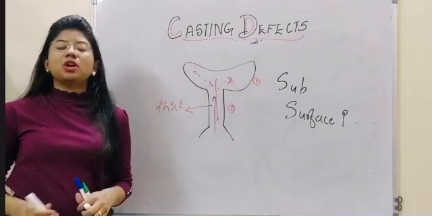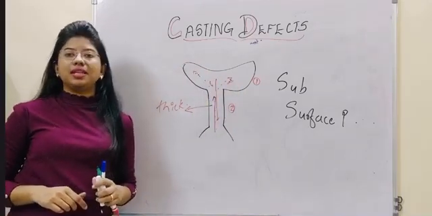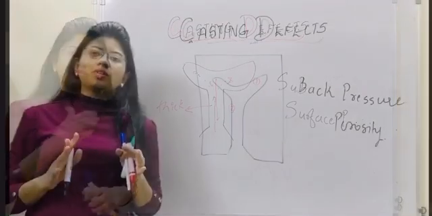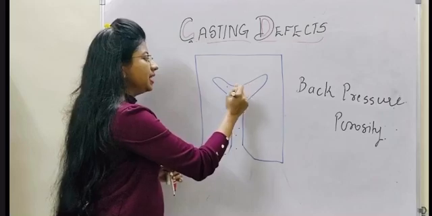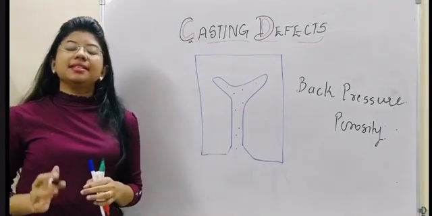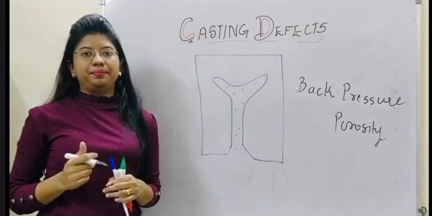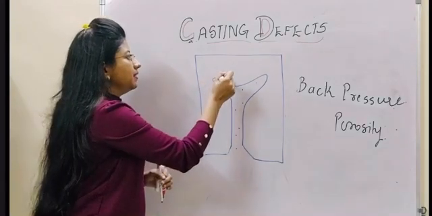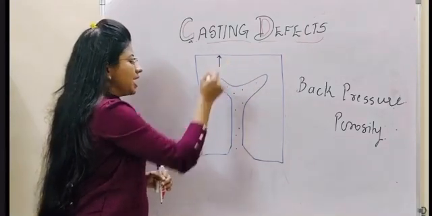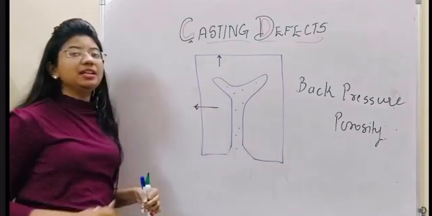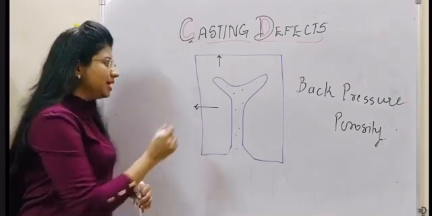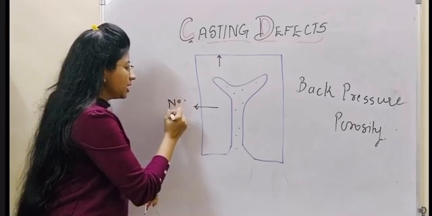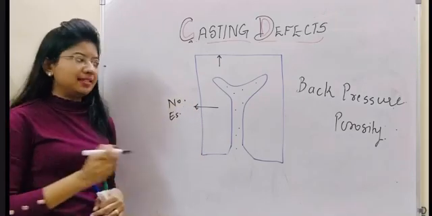Then the last porosity we will see is the external porosity, that is the back pressure porosity. What happens when the metal enters with the air entrapped gases? The gases try to escape. What will happen? It will try to escape from this area as well as from the investment material. If your investment material is dense, there will be no room for the escape of the gases.